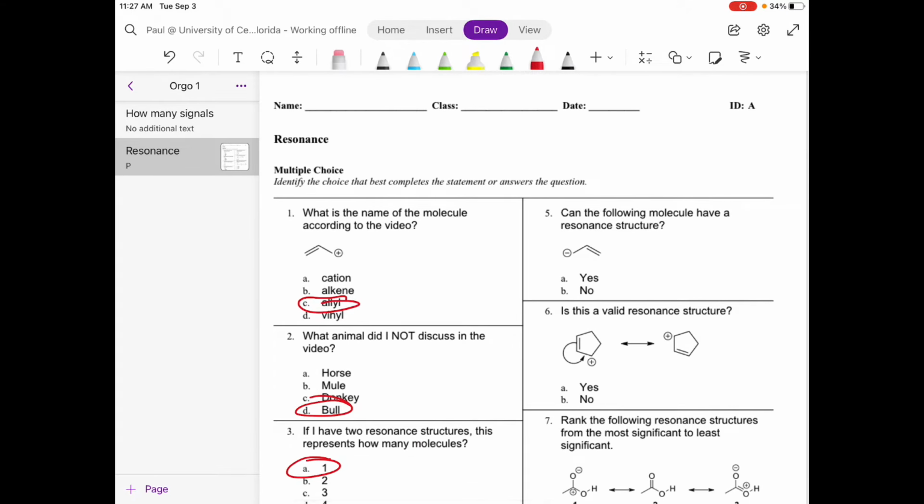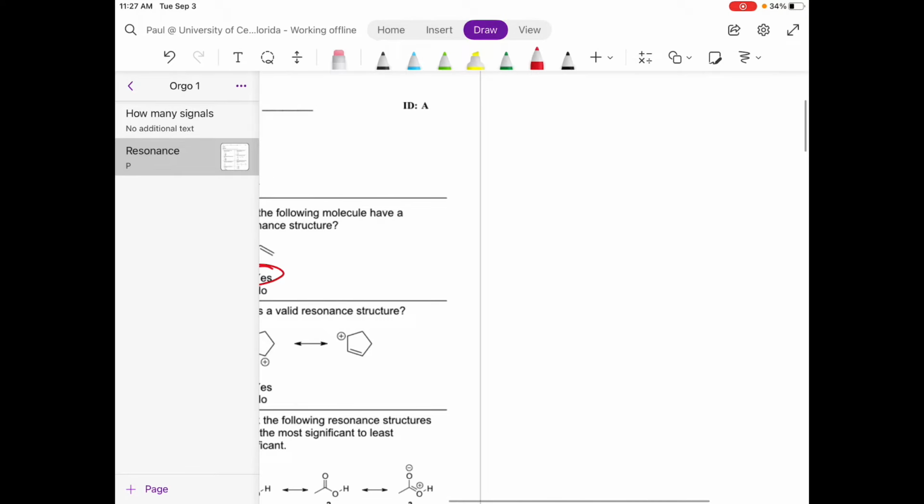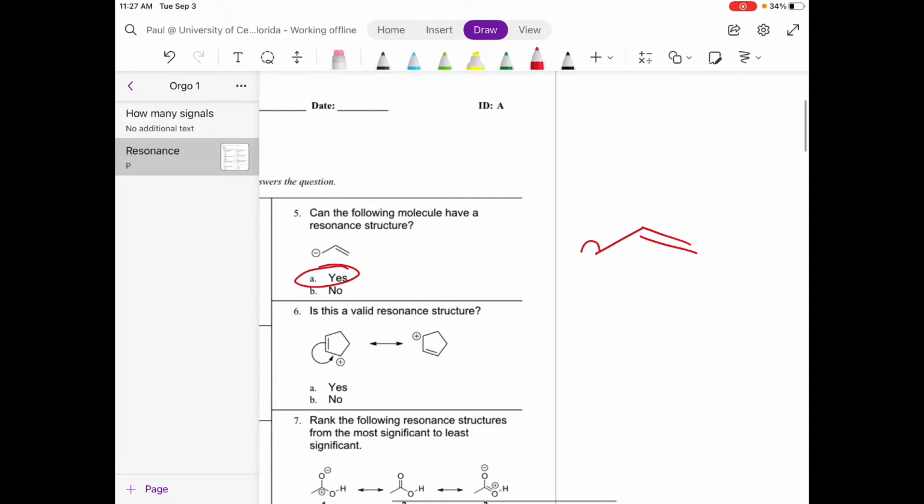Can the following molecule have a resonance structure? Yes, it definitely can, because that negative charge, if we draw it out here, on this carbon right there is negative because it has a lone pair.